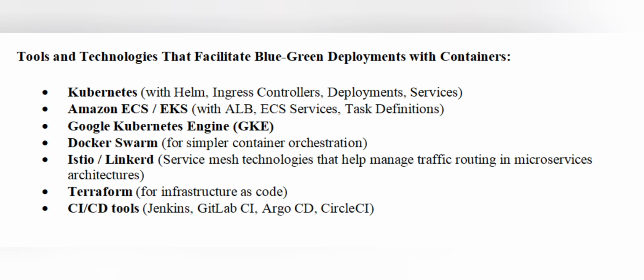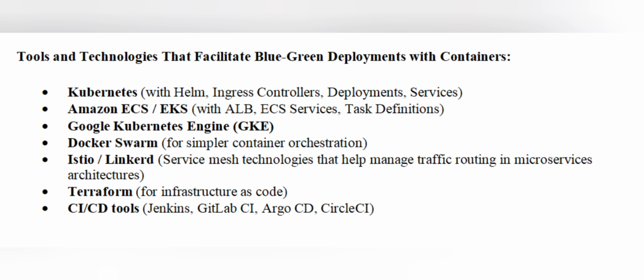For tools and technologies that facilitate blue-green deployments with containers, the first is Kubernetes with Helm, ingress controllers, deployments, and services. Second is Amazon ECS or EKS with ALB, ECS services, and task definitions. Third is Google Kubernetes Engine, GKE. The next is Docker Swarm for simpler container orchestration.